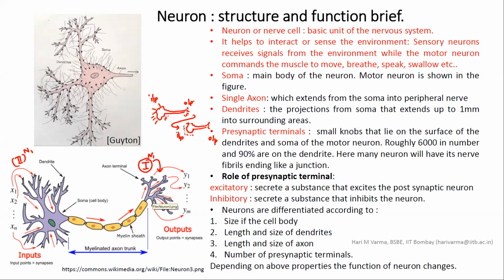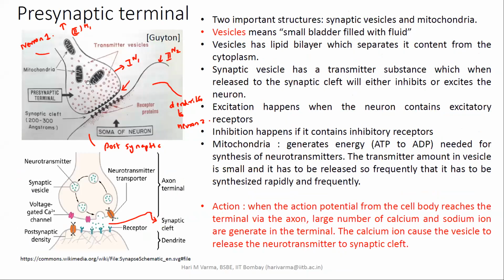So there's depolarization and repolarization happening, right? In such a case, a lot of sodium ions are being generated because of this action potential, and along with that, some calcium ions are also being generated.